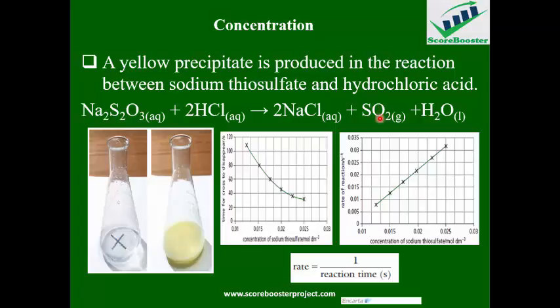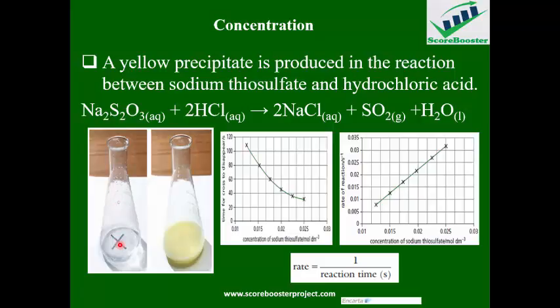So in order to study the rate of reaction here, we put a white paper with an X drawn on top of it. We now put our reaction flask on top, so that as the color is changing, the X will gradually disappear and not be visible again.